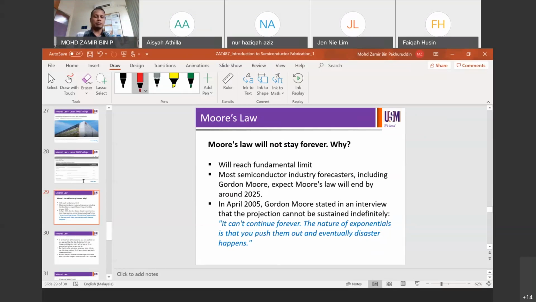Size of atom. Good, yes, size of atom. So if you talk about the size of an atom, and we're talking about silicon, then what is the size of a silicon atom? Try Google now, what's the size of a silicon atom? I'll give you 10 seconds. Anyone can share?